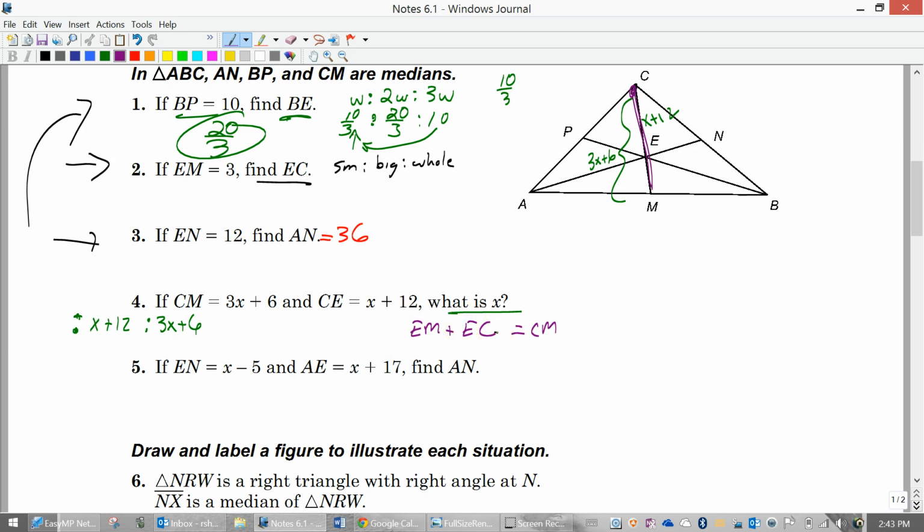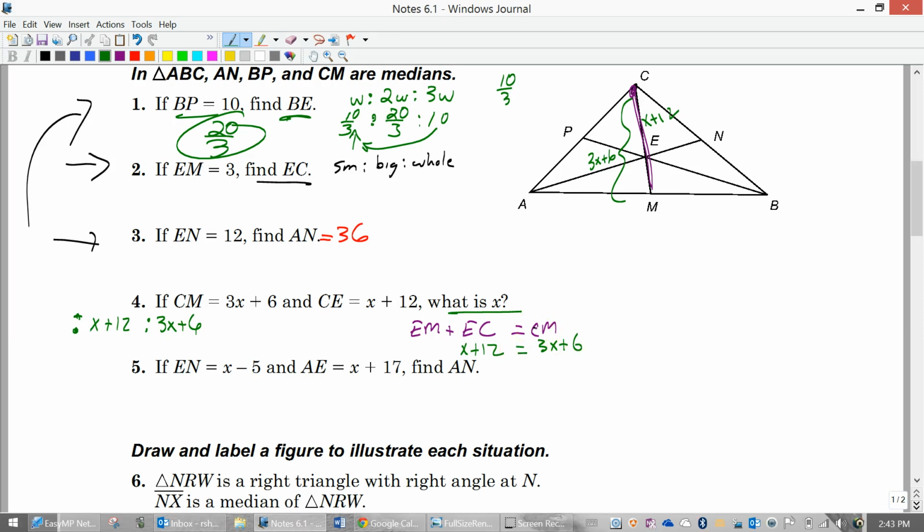EM is the small section, EC is the big section, and CM is the whole thing. You with me? So in terms of an equation we can write, by the way, that's the segment addition theorem. We know what EC is. That was x plus 12. CM we knew was 3x plus 6. In order to do this, we have to figure out an expression for EM.